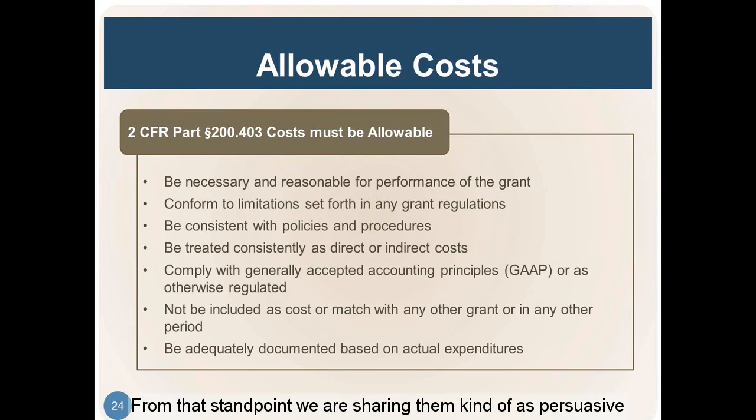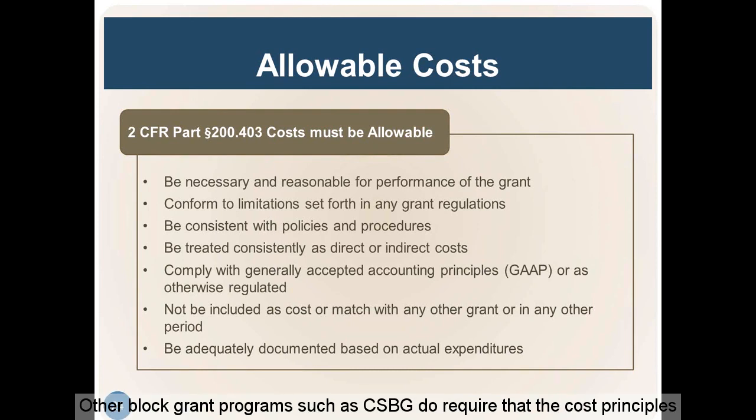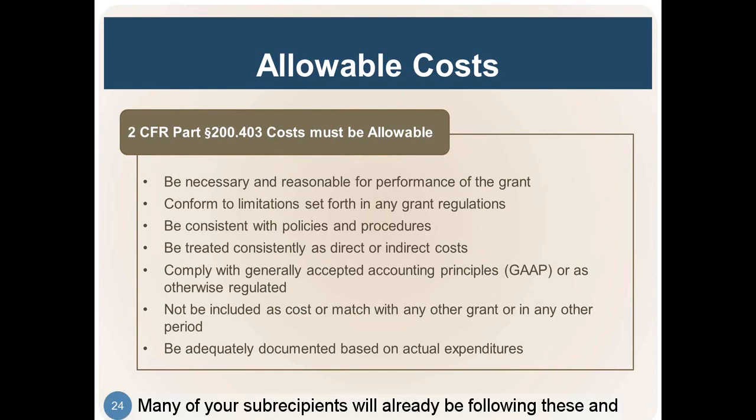And so from that standpoint, we're sharing them kind of as a persuasive example of some guidance that's out there. Now, other block grant programs such as CSBG do require that the cost principles be followed. So many of your subrecipients will already be following these, and so it's permissible for them to all follow that consistently.